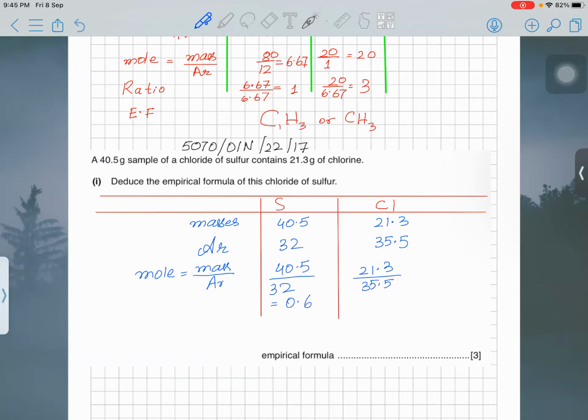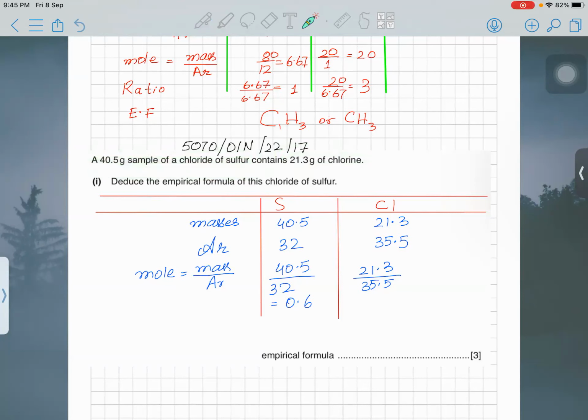Sir, in the sulfur you wrote 40.5. Is it the total mass 40.5, and in it 21.3 is chlorine? So to find sulfur we should do 40.5 minus 21.3. Very good, excellent. The sample of chloride of sulfur is 40.5 and contains chlorine 21.3.